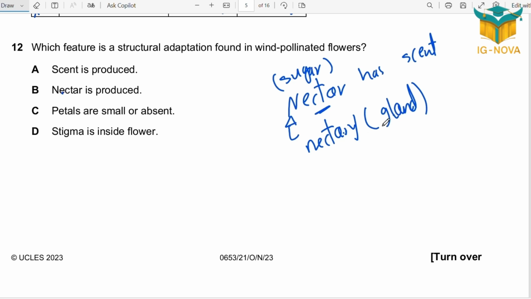For wind pollinated flowers, there is no nectary, so there is no scent and no nectar. Petals are small or even absent. Stigma is inside for insect pollination; for wind pollination, the stigma is hanging outside. So wrong. So option C.